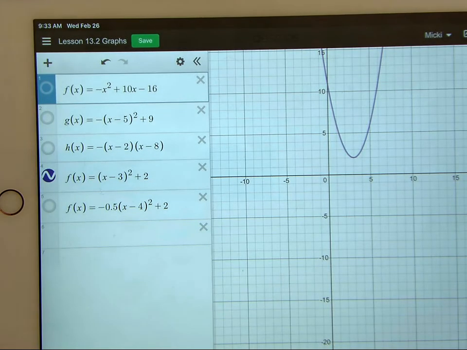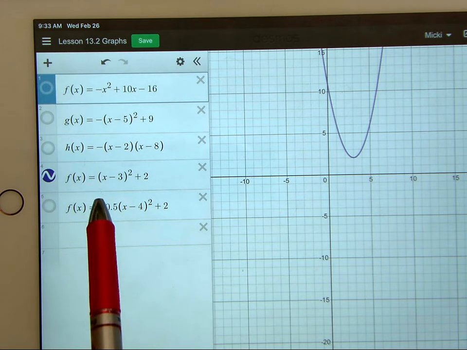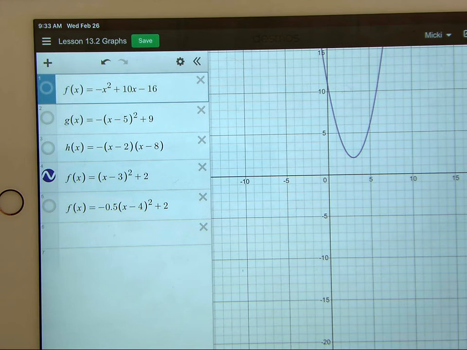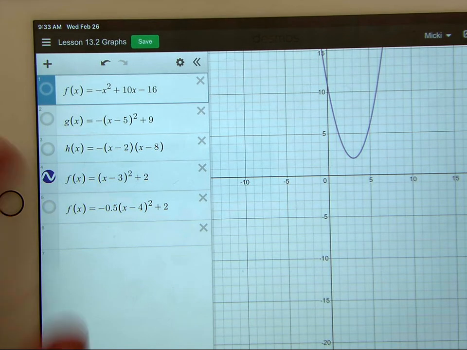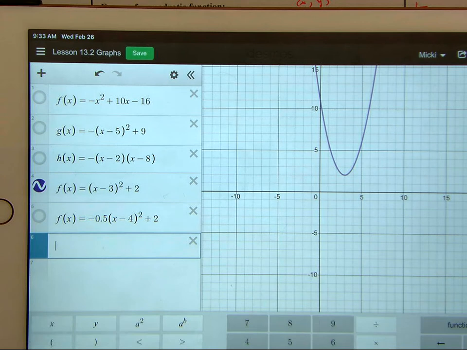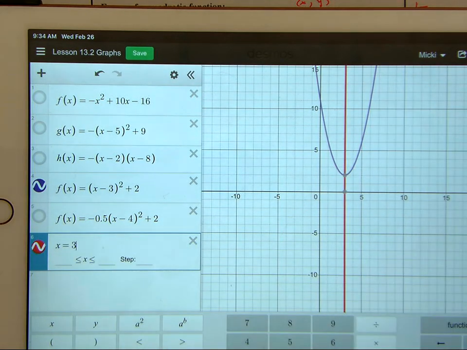And notice that the parabola is opening upward or downward? Upward. Okay, and that's because what is A equal to in this case? What's the number that's in front of the vertex form? It's 1, and that's positive. So that means it's going to open upward. Okay, and then you can actually see, if I type in x equals 3, you get this axis of symmetry.